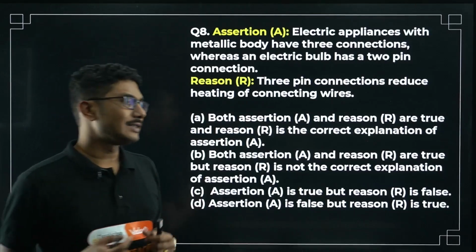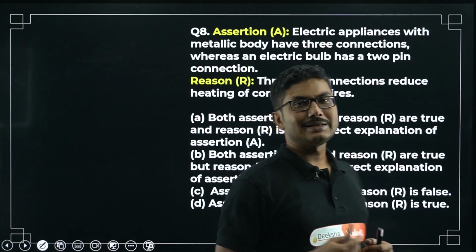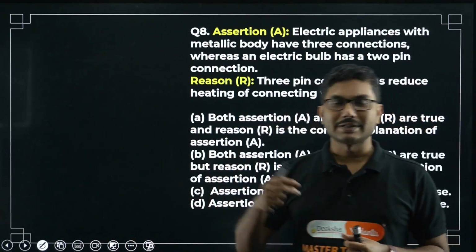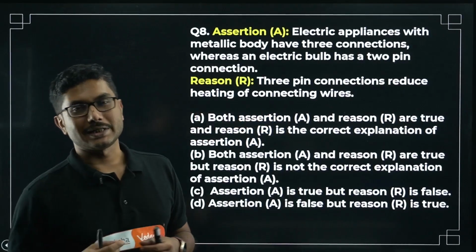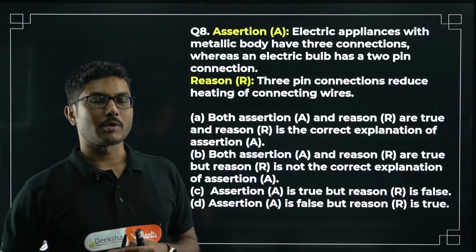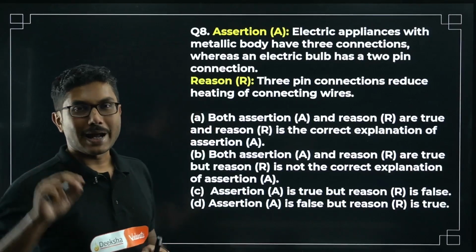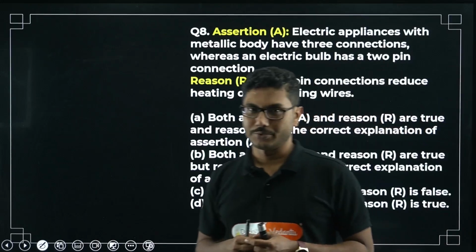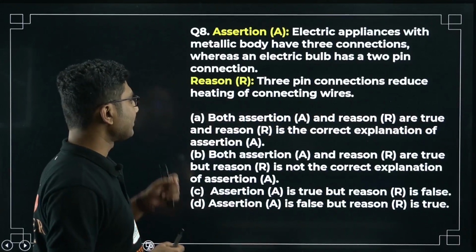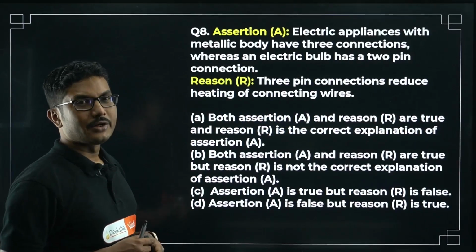And some devices require it because of the circuit requirement. For example, a laptop requires a 3-pin plug, otherwise it will be short circuited and some components will not work properly, but the battery charger of your mobile phone does not require a ground. So that's why you do not need a 3-pin connection.